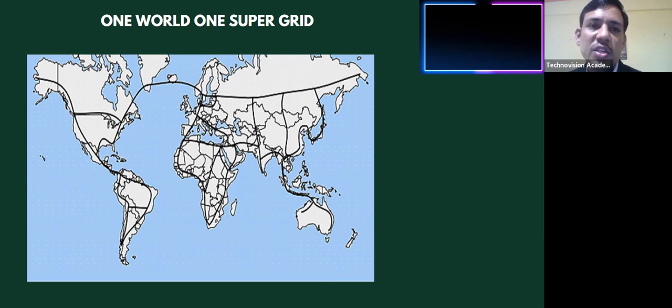And definitely this super grid formation will come true very soon, because many countries have already started interconnection, like Argentina, Brazil, and now Norway, which we have already seen. We have also planned interconnections.